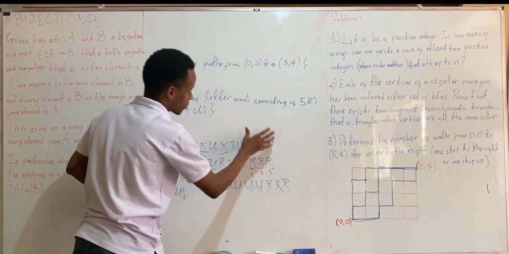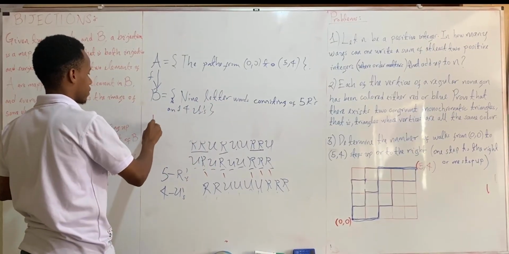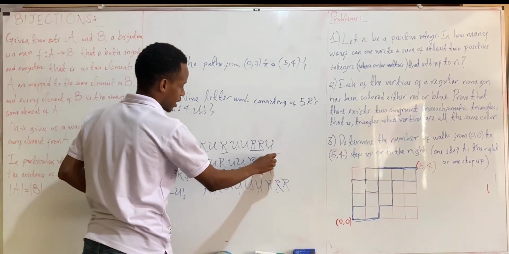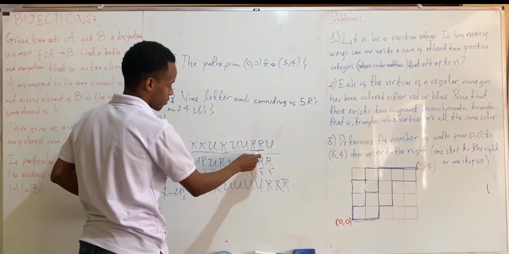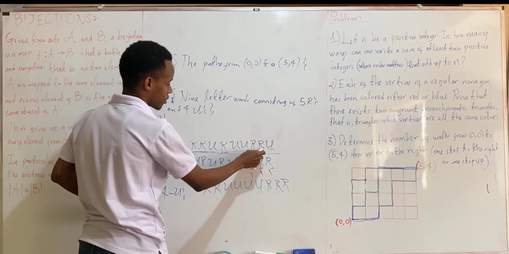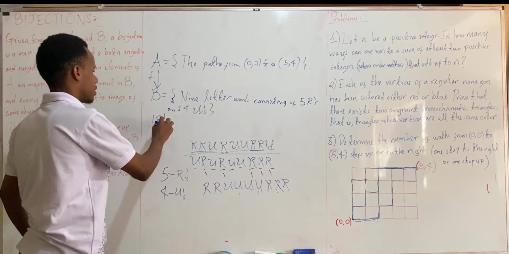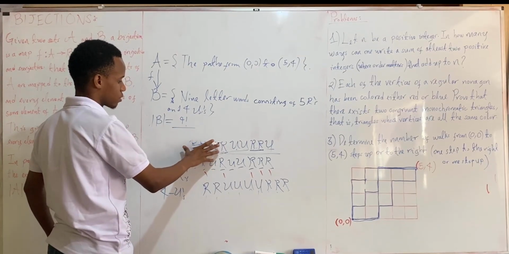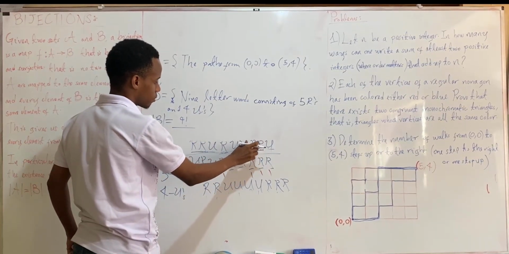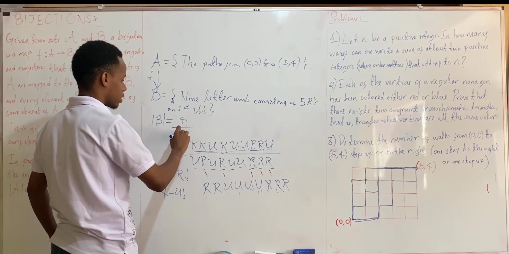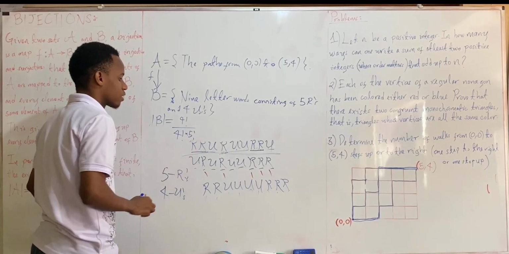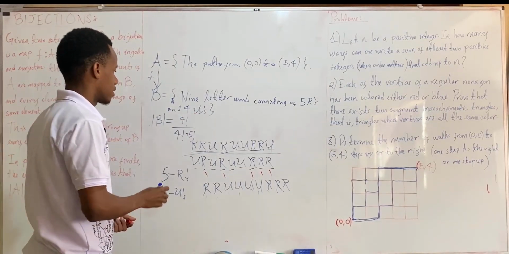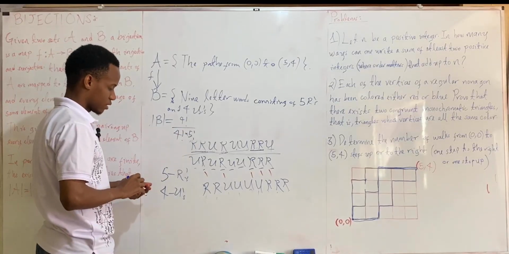You can count the size of B. So the size of B, because we have a total of 9 letters, some 4 which are all U's and some 5 which are all R's, has to be equal to 9 factorial, and then because some of them are repeated, 4 of them which are U's and 5 of them which are R's, this will be our final answer: 9 factorial over 4 factorial times 5 factorial.